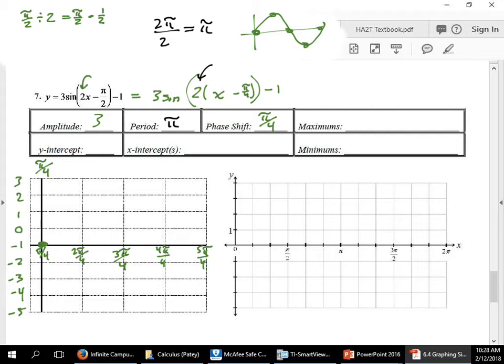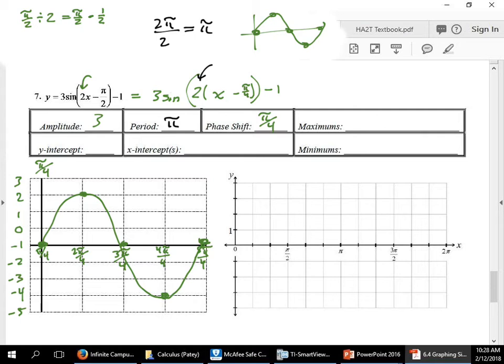What is my amplitude? 1, 2, 3. There is my max. Some of you are like, but it says 2. Don't forget, we shifted down 1. Then we go midline, and then we go down 3: 1, 2, 3. Now it's at -4, because our midline is at -1. And then we're back to midline. We connect the points. Oh, I missed that one, but oh well.